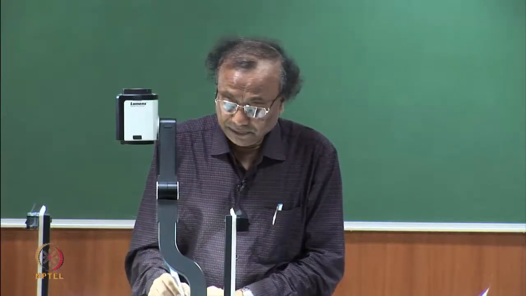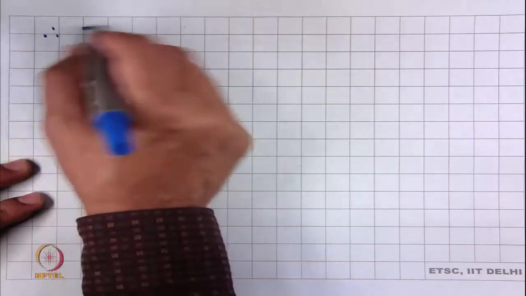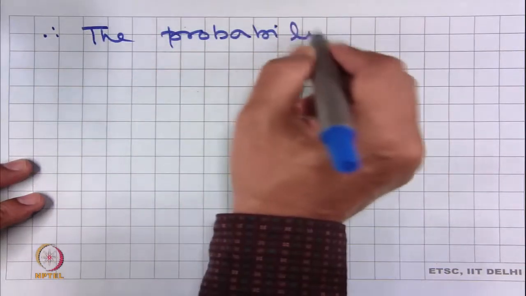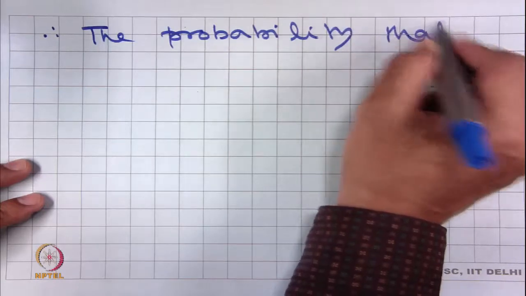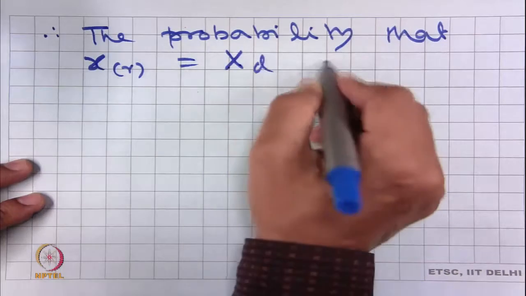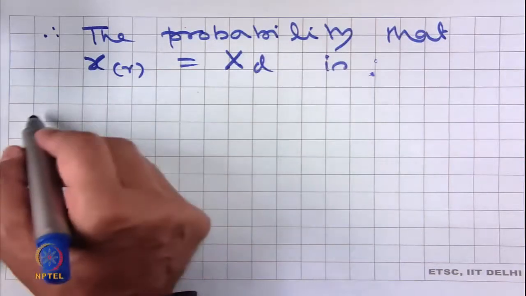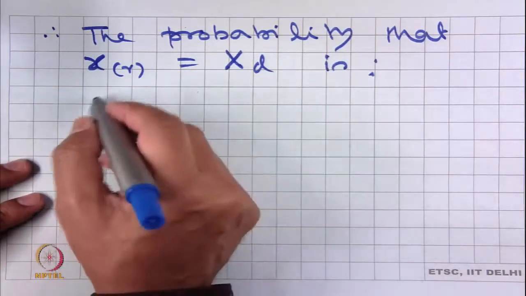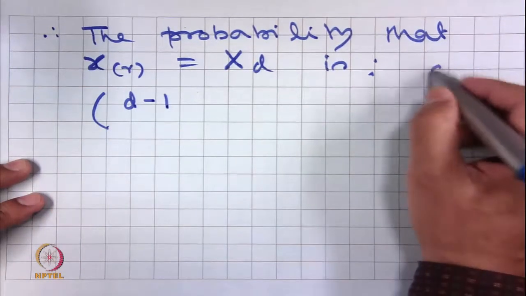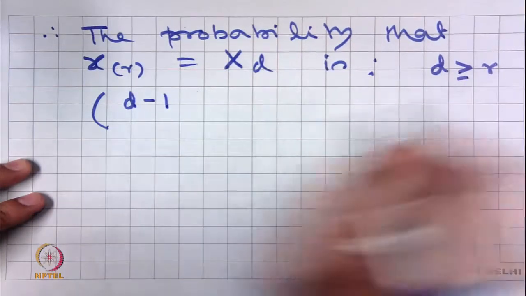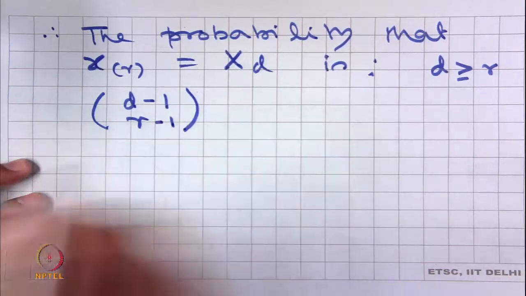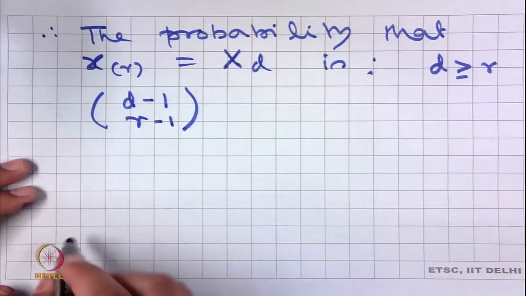So, what is the probability? Among the first d minus 1, I have to choose r minus 1 in d minus 1 c r minus 1 ways, right.